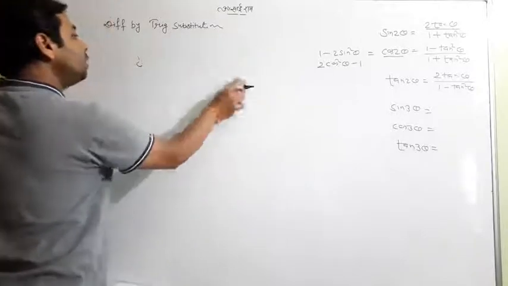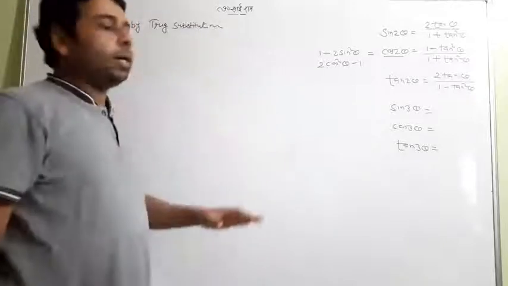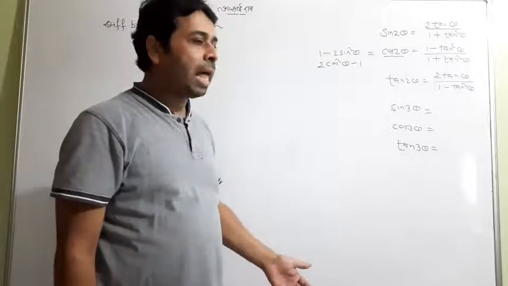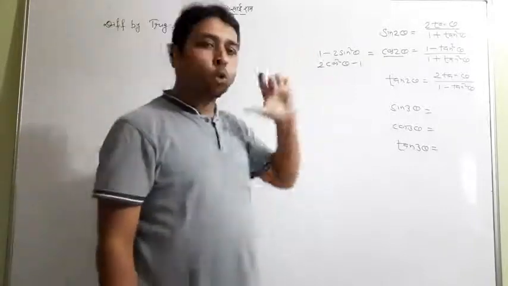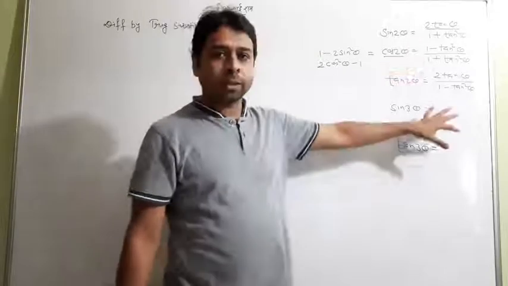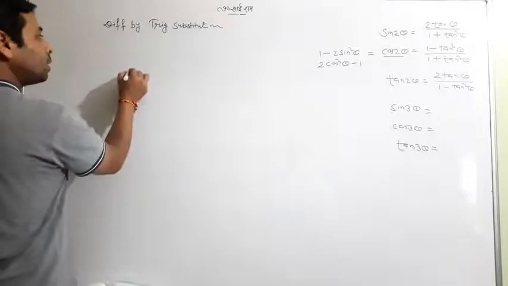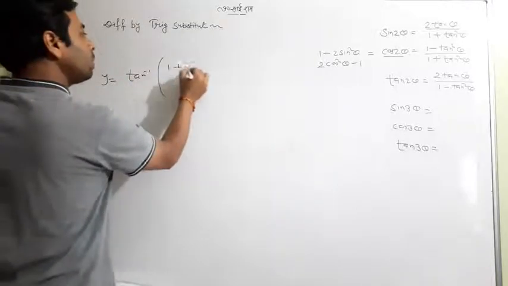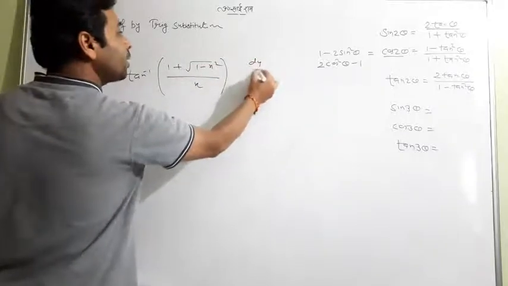What we are going to learn new here is that in some further questions, the question will not look like this. Suppose we have y equal to tan inverse of 1 plus under root 1 minus x square upon x, and you are told to find dy by dx.